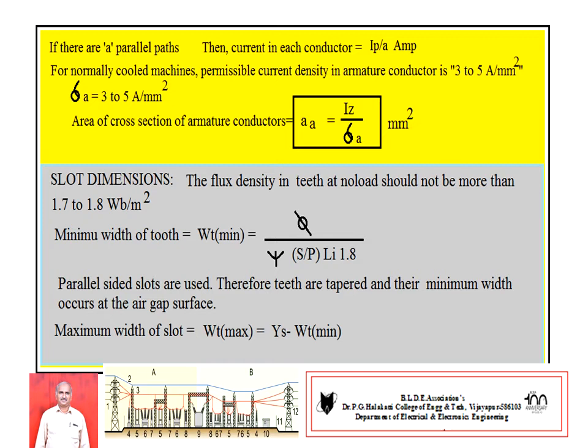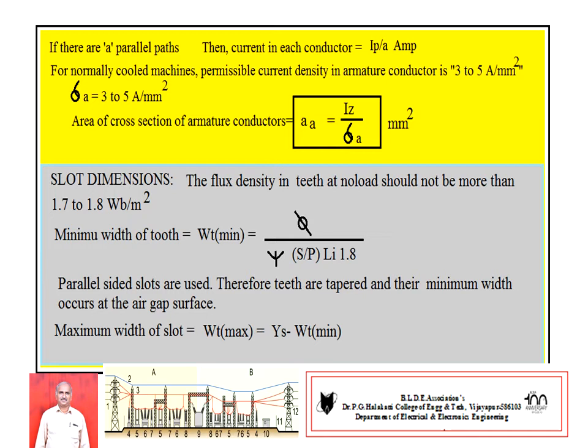Okay. After knowing the current, assuming the current density 3 to 5 amperes per millimeter square, it is possible to calculate the cross sectional area of the armature conductor, that is AA, armature conductor area. AA equal to IZ divided by current per area, the cross sectional conductor area in millimeter square.